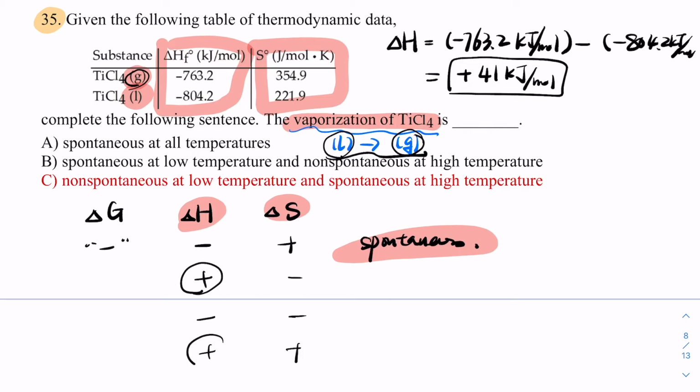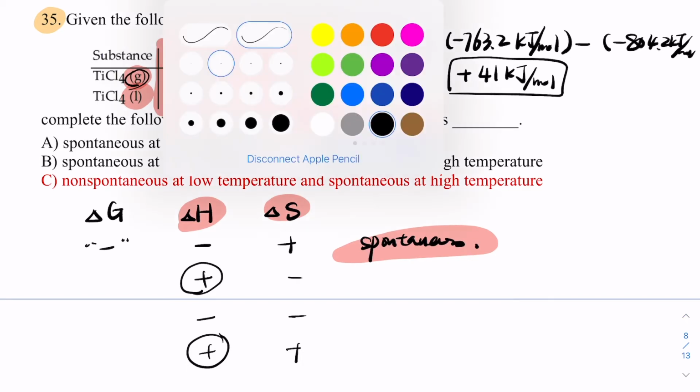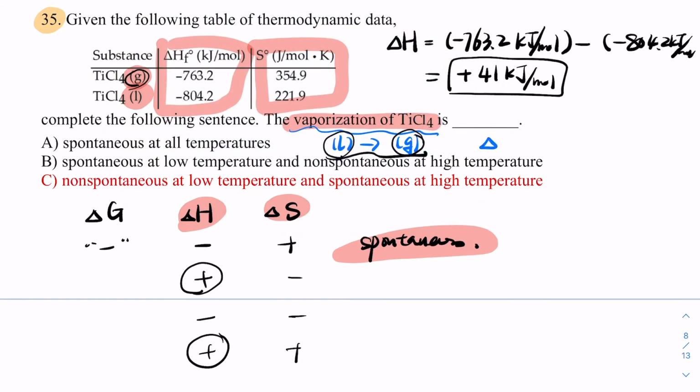That could be one of those situations, but we still need to calculate delta S. Same logic: gas phase minus the initial, which is liquid.